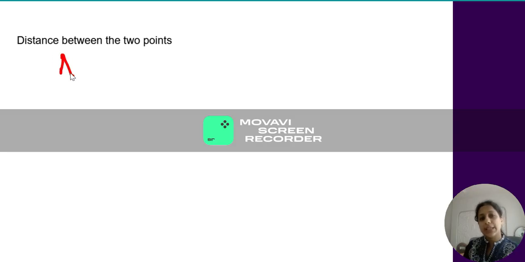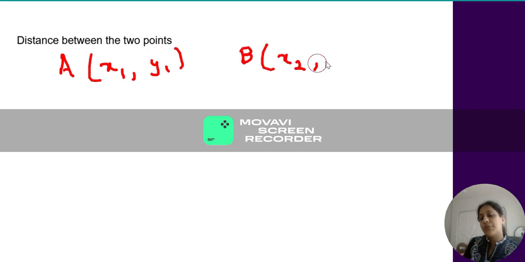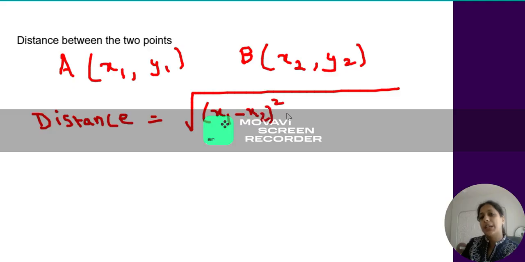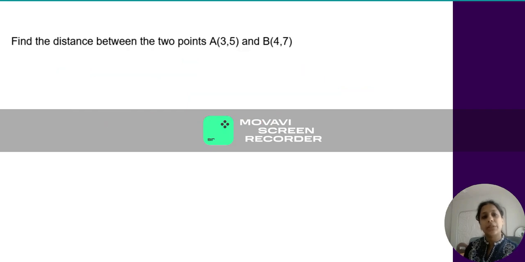If I give you two points, let's say A, which has coordinates x1 and y1, and the second point B, which has coordinates x2 and y2, then the distance between both the points is given as the square root of (x1 minus x2) whole square plus (y1 minus y2) whole square. Let's just try finding the distance now.